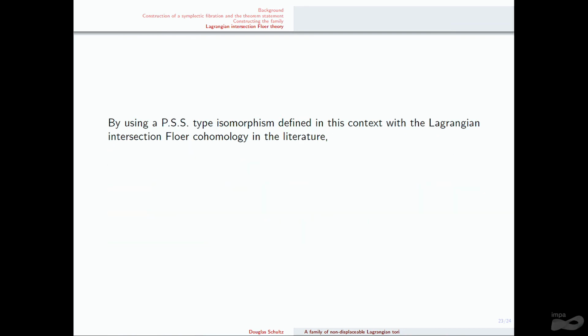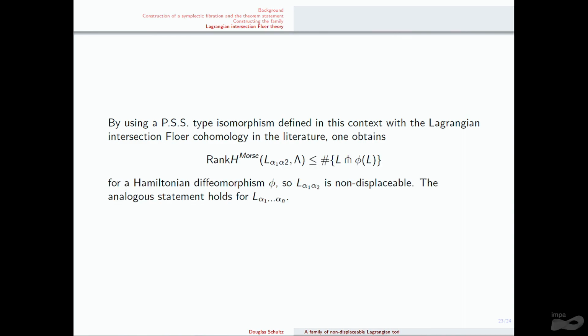I mentioned this earlier, so I might as well state it. By using a PSS type isomorphism defined in this context with your typical Lagrangian intersection Floer cohomology, you get this rank bound, which shows that each of these L's is non-displaceable. So I'm going to stop there.